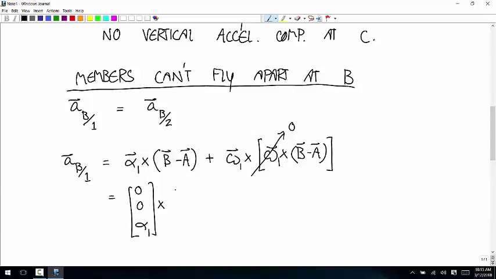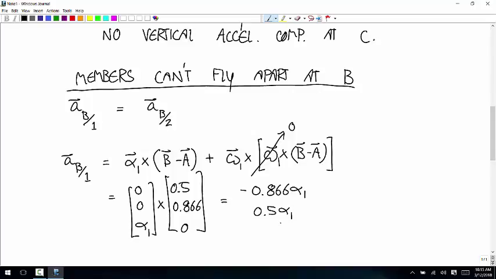So that's 0.5, 0.866. And so you get negative 0.866 alpha 1 for the x component and positive 0.5 alpha 1 for the y component, and then 0. And we're only going to use the x and y components of this. It's a plane problem, so I'll just write it like this.